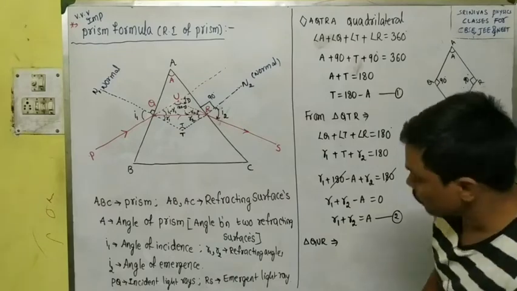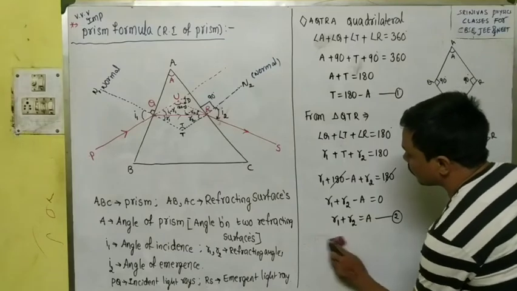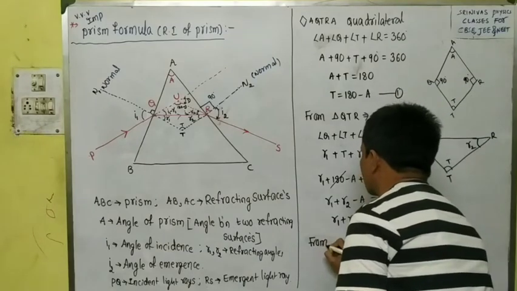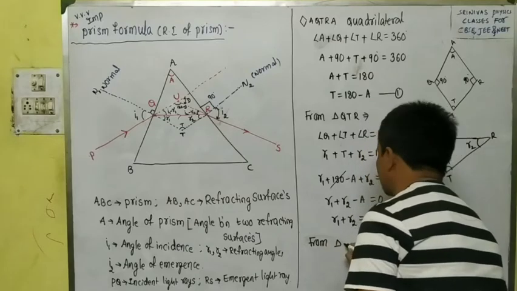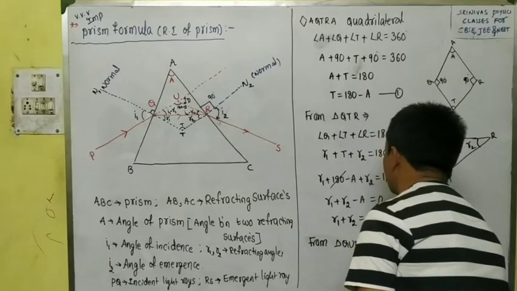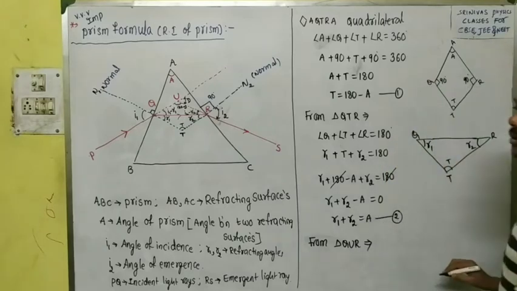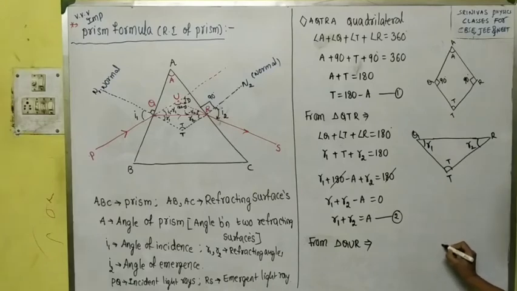Now from triangle QUR, what do we write? The sum of three angles is again 180 degrees. What are the three angles and how will the triangle be? I will draw it here. You note it clearly.